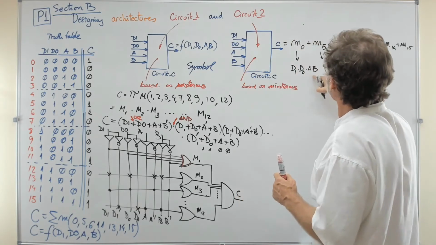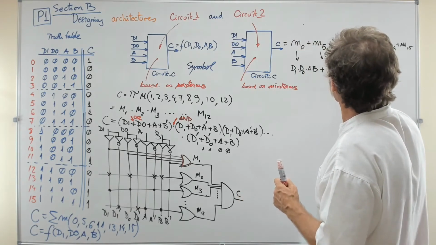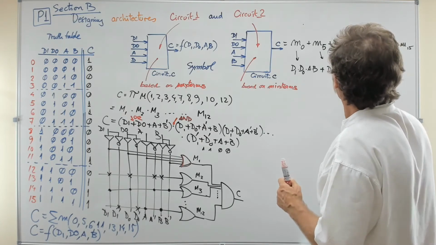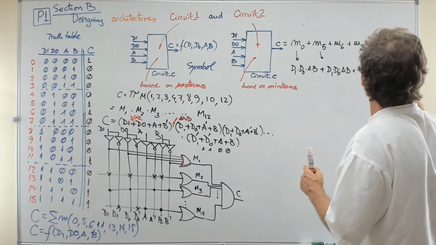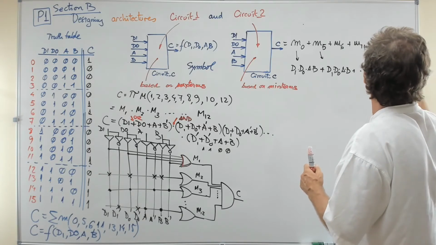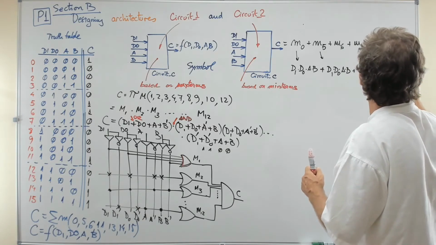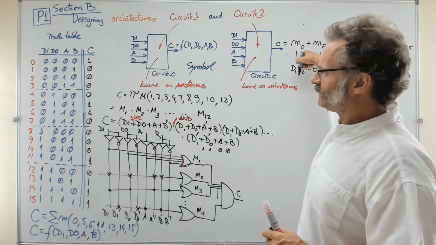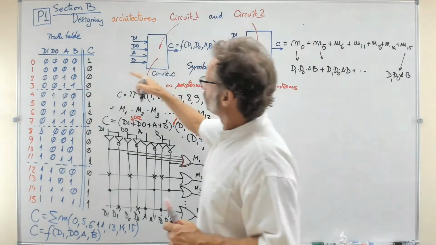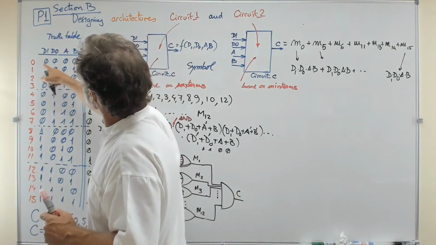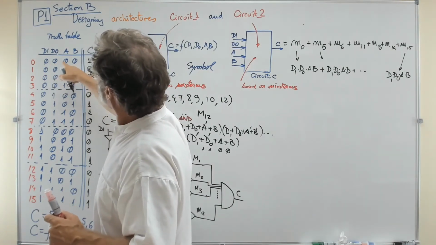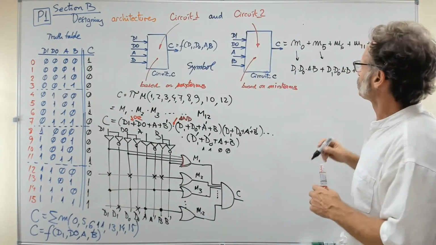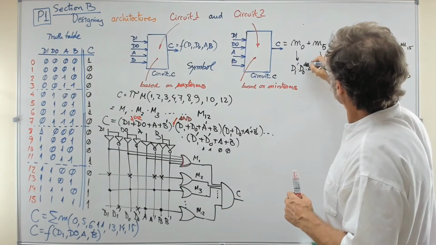D1, D0, A, B, and here is the same, D1, D0, A, B, and so on, until the last one, which is going to be D1, D0, A and B, the same way. But now, when you talk about minterms, the 0 is nothing but 0, 0, 0, 0. And when you talk about minterms, the 0 goes not. So it's something like this.